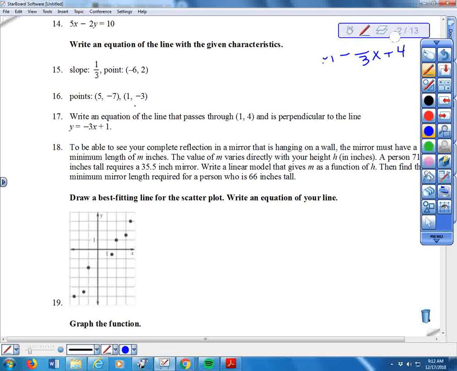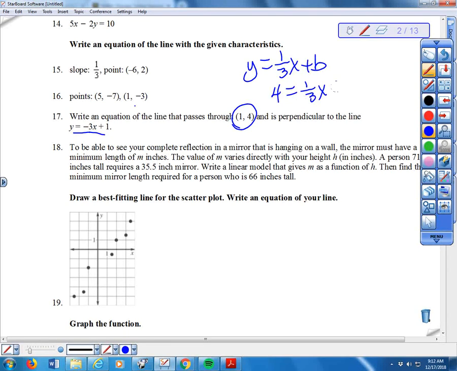Okay, write an equation of the line that passes through 1, 4 and is perpendicular to this line. Well, if it's perpendicular to this line, the slope of the line that's perpendicular to that one is positive 1/3. So I just write y equals 1/3 x plus b, and I plug this point in. 4 equals 1/3 times 1, so it's just 1/3 plus b.